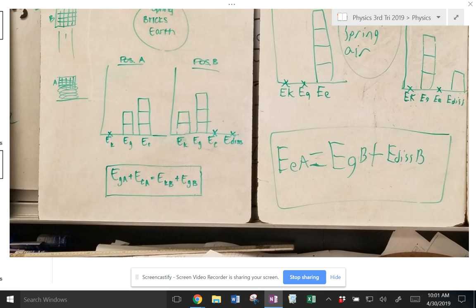So here's the thing about these charts, it comes down to logic and plausibility. Is the answer that they have plausible here? What happens to EG in moving from position A to position B? It gets bigger.